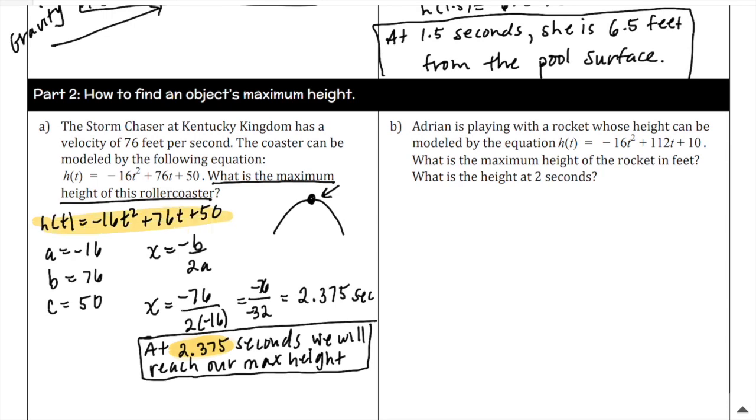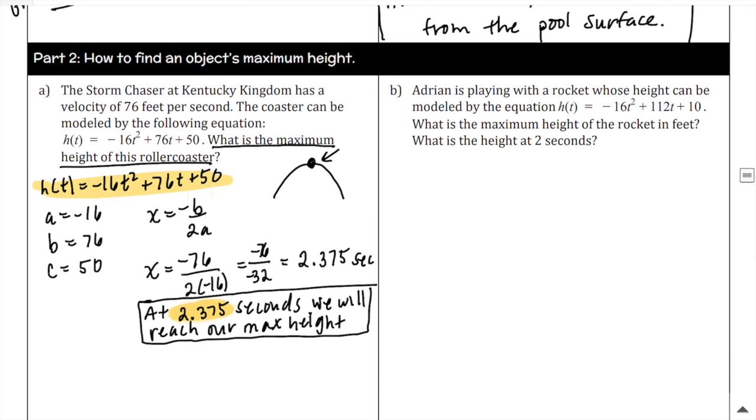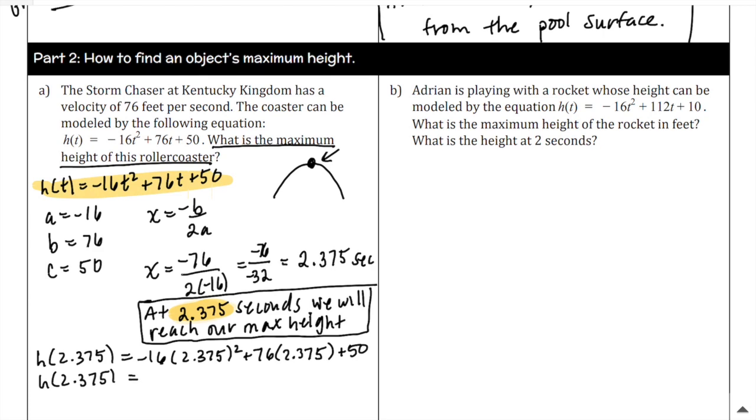So I have a specific time. I'm plugging it in for t because we know that t is time and we have seconds. So my h of 2.375 is equal to negative 16 times 2.375 squared plus 76 times 2.375 plus 50. I'm going to throw all of this in Desmos, and this ends up being 140.25 feet.